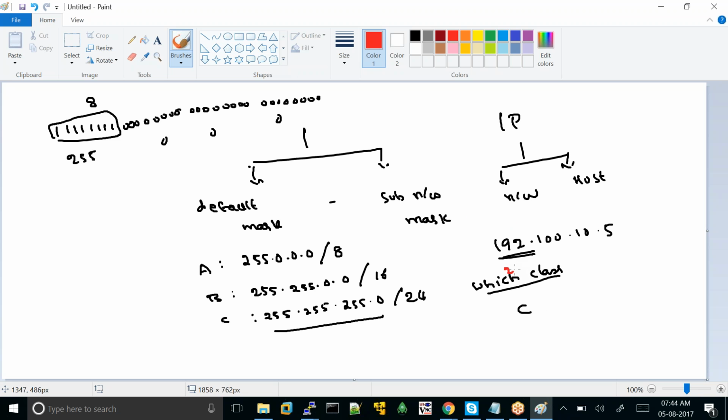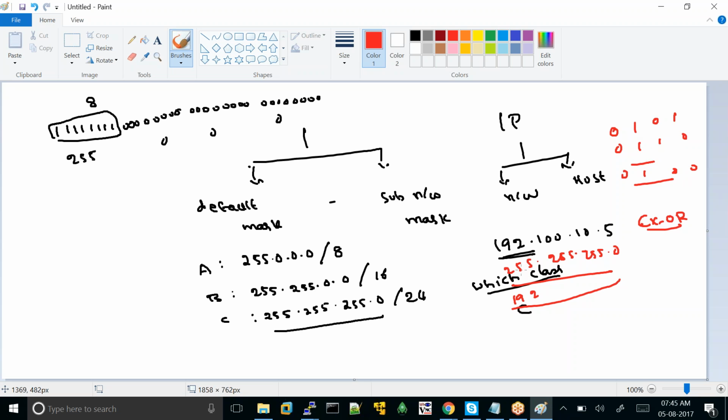We apply 255.255.255.0 and perform the operation bit by bit. Convert to binary: 0 and 0, 1 and 1, 0 and 1, 1 and 0, these are the four options. If it is 1 and 1, the result is 1, and all the others are 0.